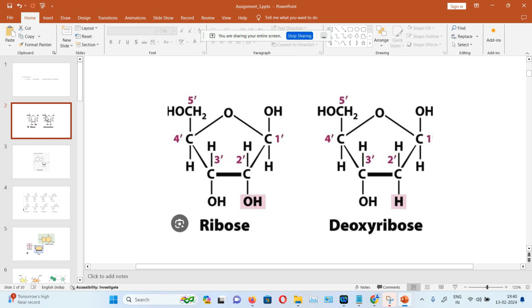Instead of an OH bond, it has a single H bond. It is a C-OH bond in ribose, but here it's a C-H bond. So it looks like one oxygen is missing from the ribose sugar. It is ribose sugar without oxygen, and that is deoxyribose sugar.